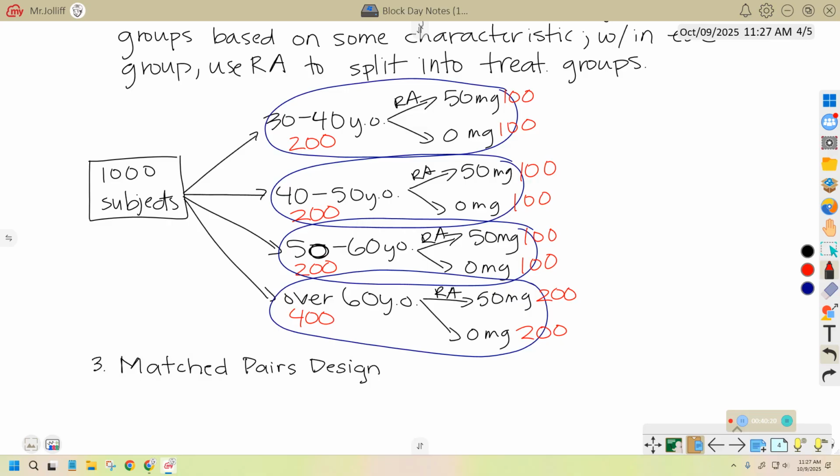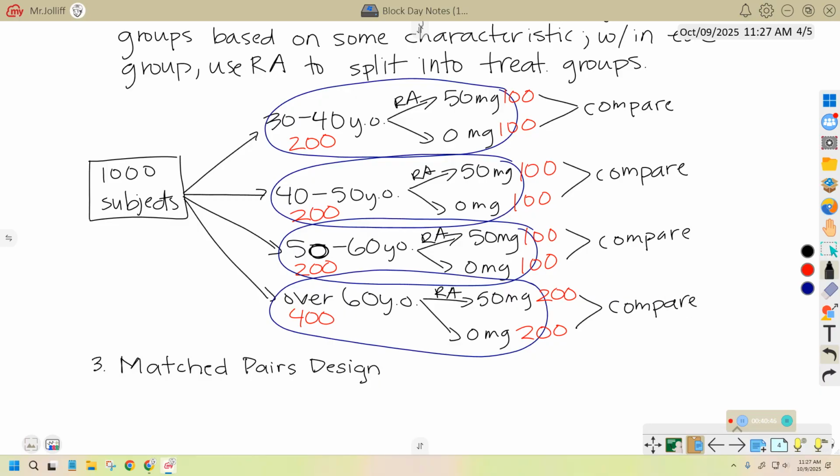Once we have collected the results for each of those branches, we go back and compare within the subgroups. And again, that looks like a completely randomized design by subgroup.